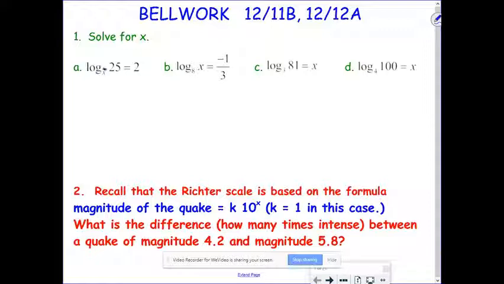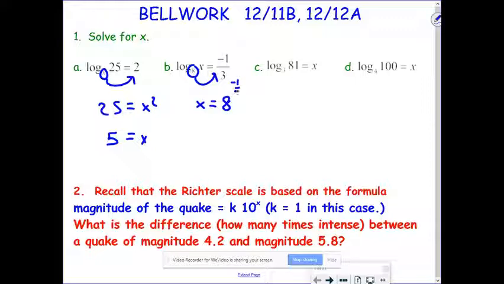Looking at this one, A, B, and C, simple change here. I'm going to change it from log form to exponential form. The base of the log becomes the base of the exponent. So x is 5. In B, the base of the log becomes the base of the exponent. We have 8 to the 1/3. So two things to worry about here. The negative, what does the negative do? And then what about the fraction here?